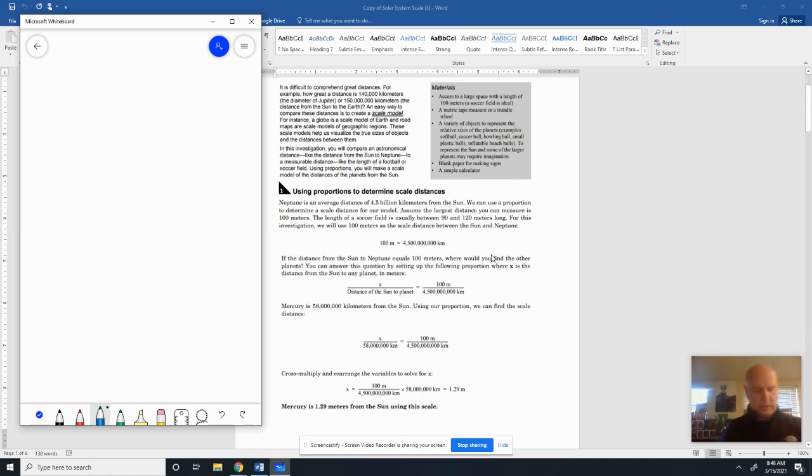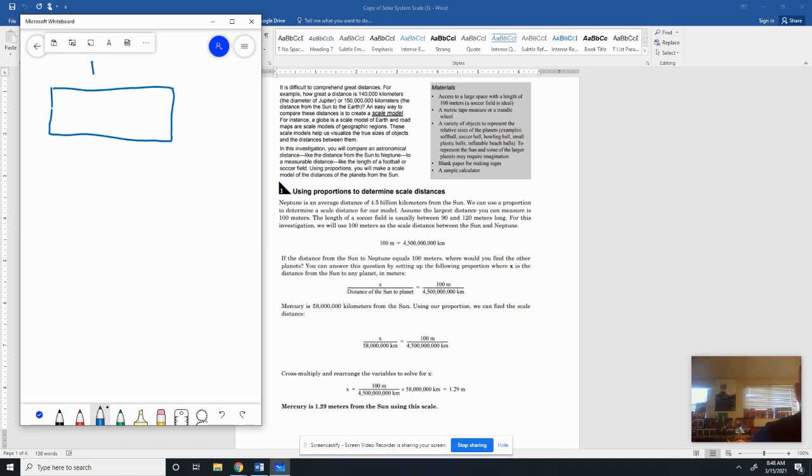So here's what we're going to do. We're trying to put all of the planets in the area of our football field, which is 100 meters. Now, that is the distance from the sun to Neptune.